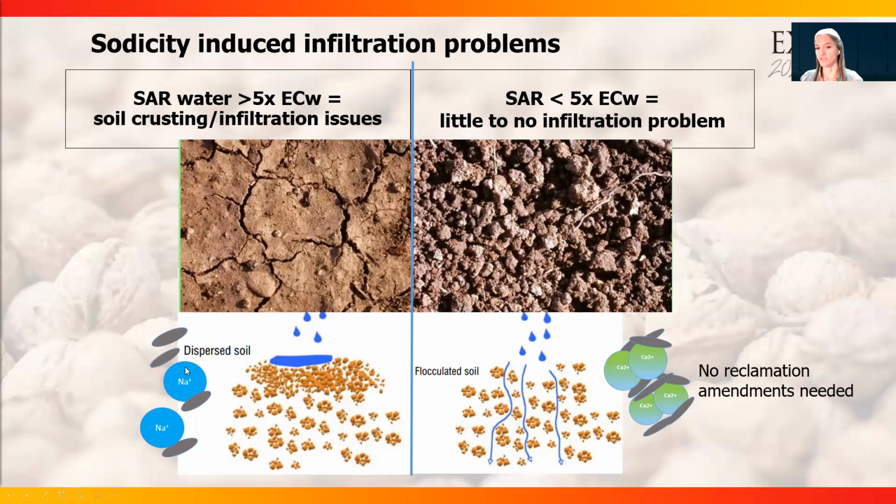So not only does it have that larger sphere of hydration, but it does not adhere to the soil surfaces as strongly as calcium. When you have a balance of calcium in the soil, you will not need reclamation amendments to drain salts from the soil. The soil remains well flocculated and permeable from the surface through the root zone.